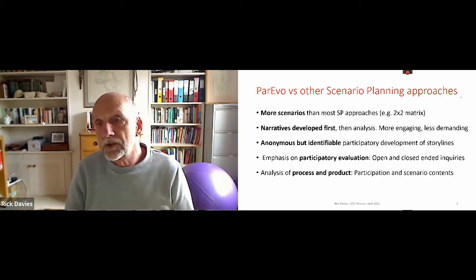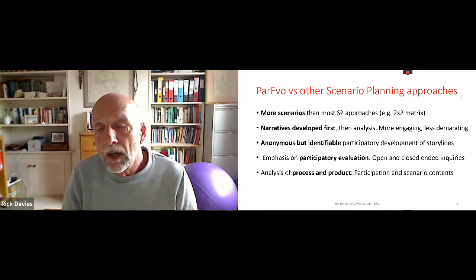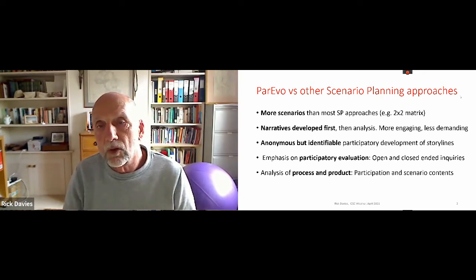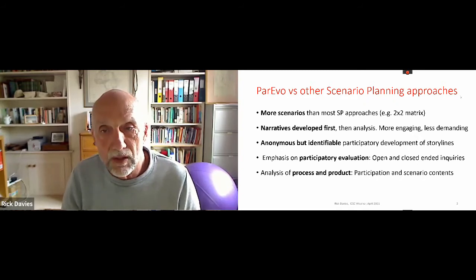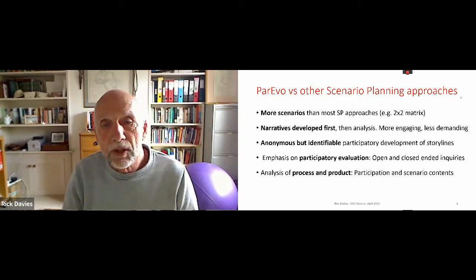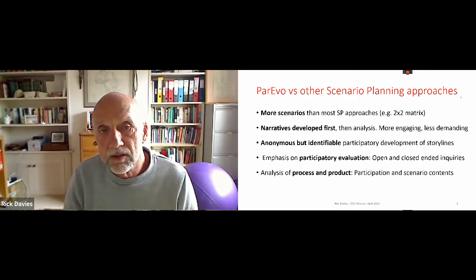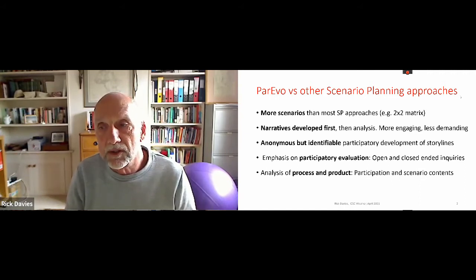When you combine these, you get 4 possibilities. This is by far the most common representation of scenario planning futures that you might see, but there are a lot of other versions as well. But in terms of numbers of scenarios generated, PowerEvo is significantly different in that respect.